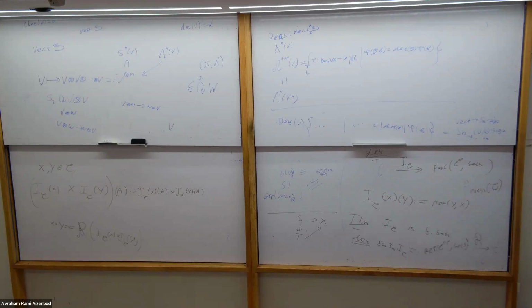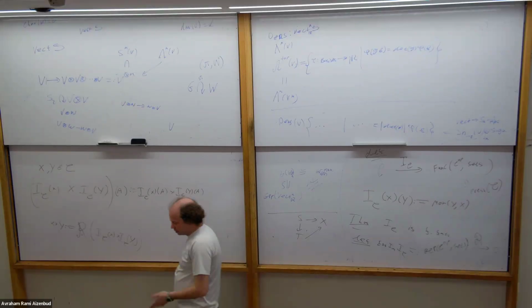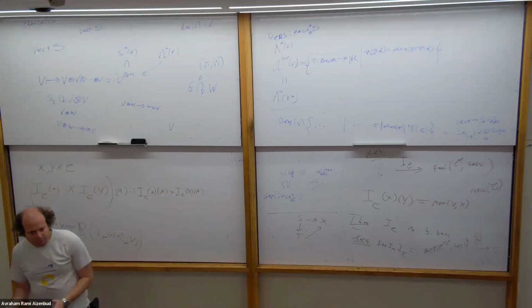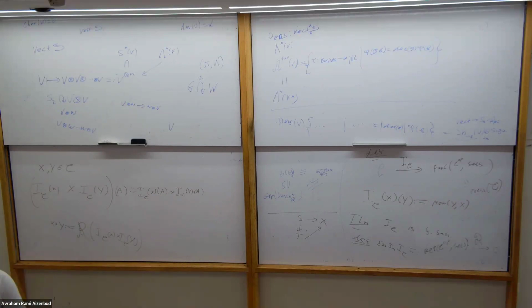Am I right about limits? I'm pretty sure, yes. So you apply the limit on the values, so you get a new functor, and this functor might be representable, might not be representable. If it is representable, the object that represents it is the limit. If not, it means that the limit does not exist.